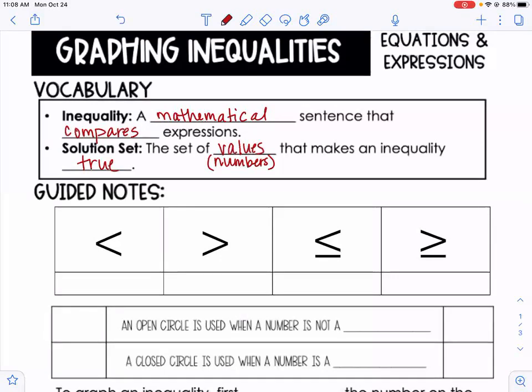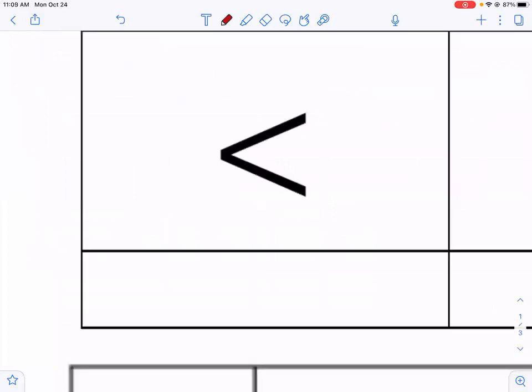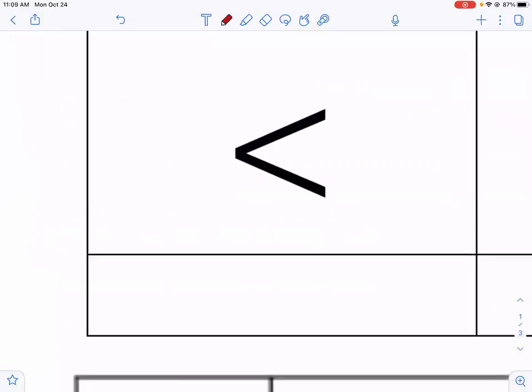Wait, what? You had a question? Okay. So I feel like maybe you have seen this symbol before. Let me zoom in. You've maybe compared it to alligators, right? So nod your head, yes or no, I've seen this symbol.